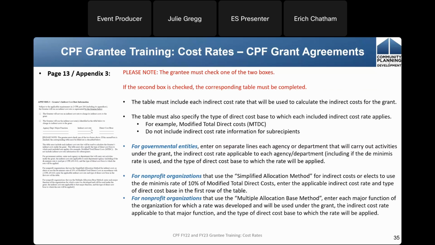For nonprofit organizations that use the multiple allocation base method, enter each major function of the organization for which each rate was developed and will be used under the grant, the indirect cost rate applicable to that function, and the type of direct cost base to which the rate will be applied. And again, the multiple applies only to the multiple allocation base method. Next slide.